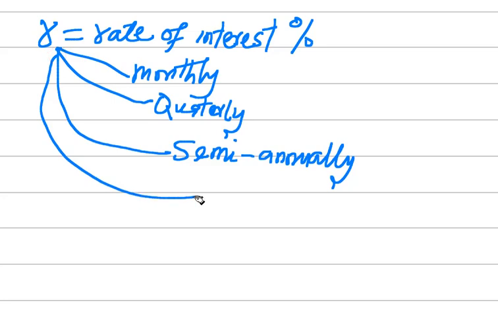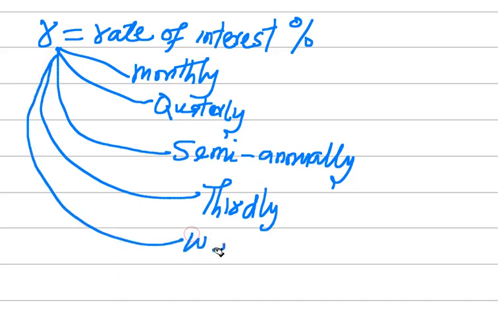We can equally have thirdly. We can have weekly. Whatever you have, just try to master the conversion involved. Remember that in N, we will multiply by the conversion period, but in R, you have to divide.